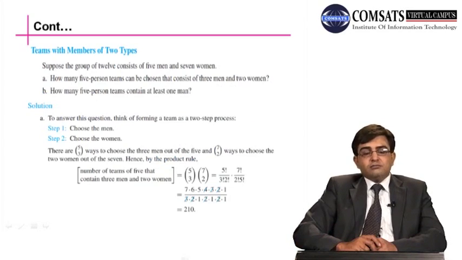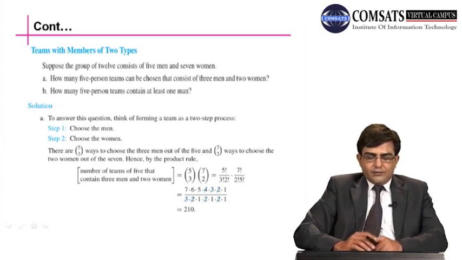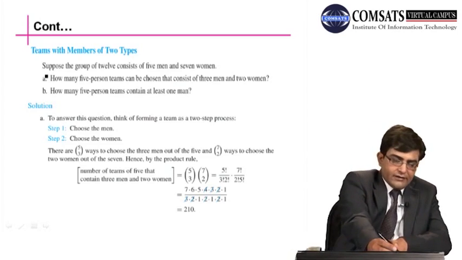Next, how to select teams with members of two types. If in a group of 12 people, 5 are men and 7 are women, then in total there are 12 people. Now we have to choose teams of different types.